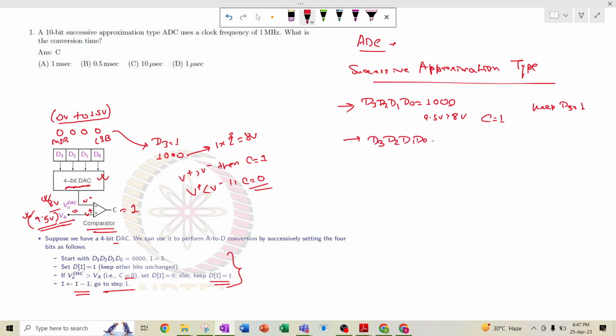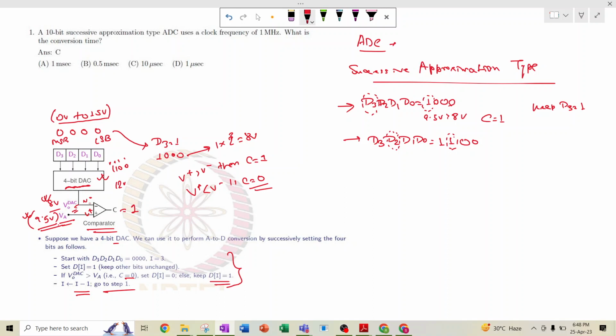Now, keeping D3 equal to 1, we set D2 to be 1. At first we set D3 to 1 and the others are 0. Now we set D2 equal to 1, giving 1100. Now it will convert this 1100 to its analog value VO of the DAC. 1100, how much is it? 1 2 4 8, so 8 and 4 is 12 volt.